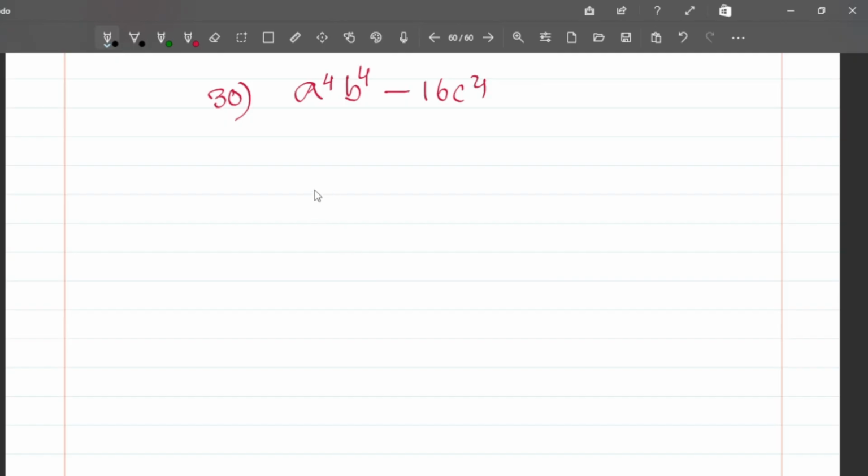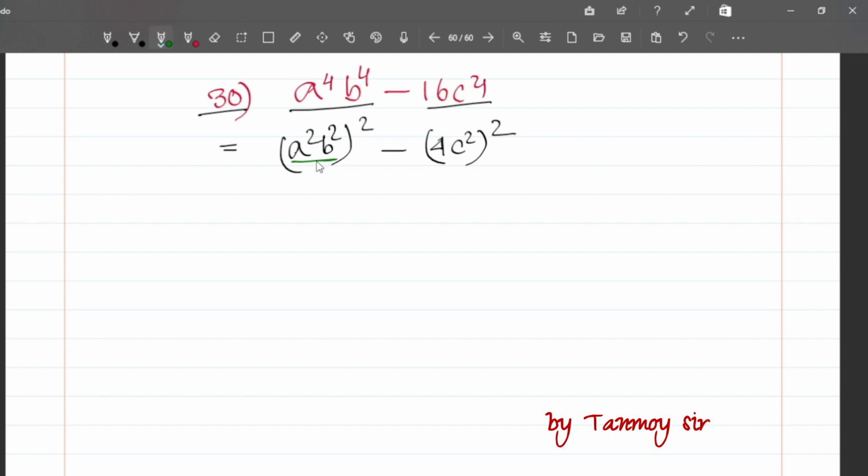Let's do another sum. You can write a to the power 4 b to the power 4 as a square b square whole square, and 16c to the power 4 as 4c square whole square. So clearly, hope you understand, this is your a and 4c square is your b. So expand a plus b multiplied with a minus b.